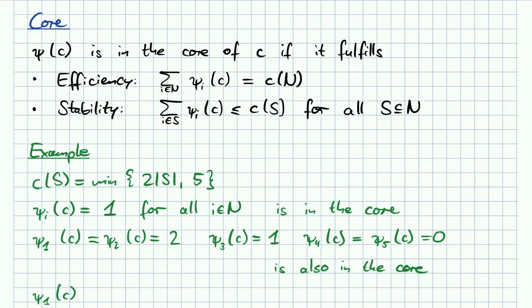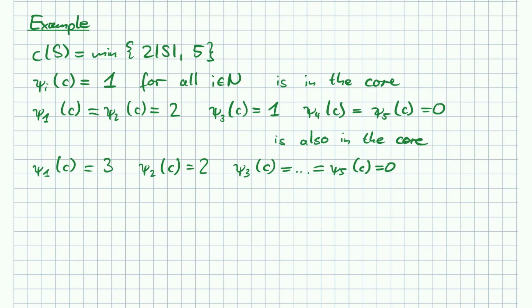But having, for example, the first agent pay 3, the second agent pay 2, and the remaining agents pay nothing, this will not be in the core. Why is that?